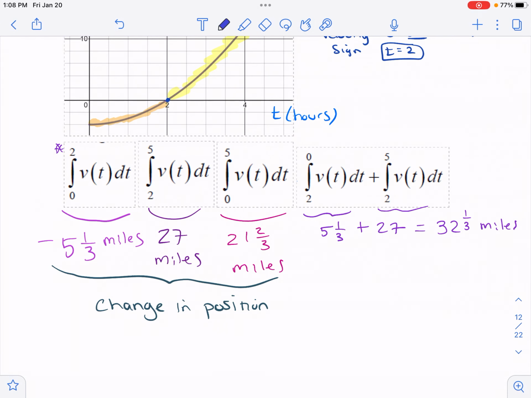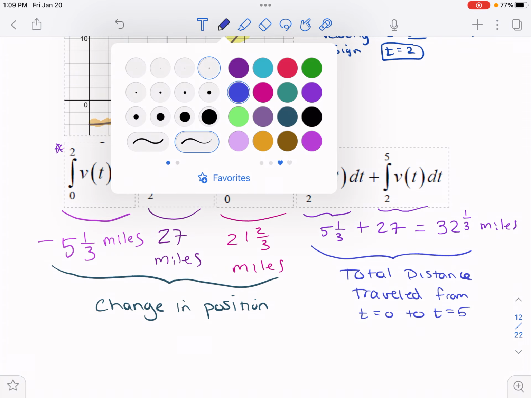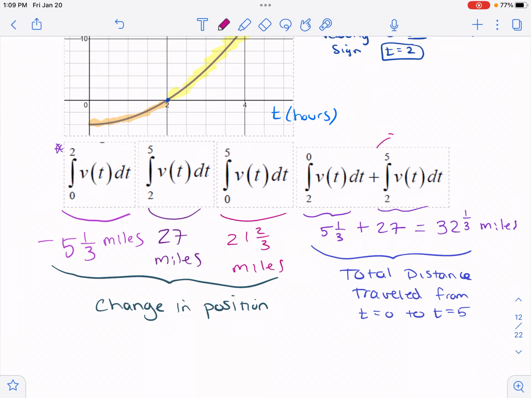Now the reason I know that's my total distance traveled, from time 0, is because, well, first of all, I could always express total distance in one integral using absolute values, right?